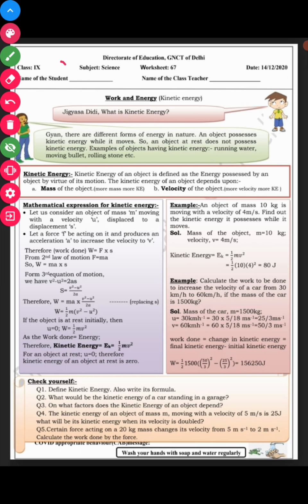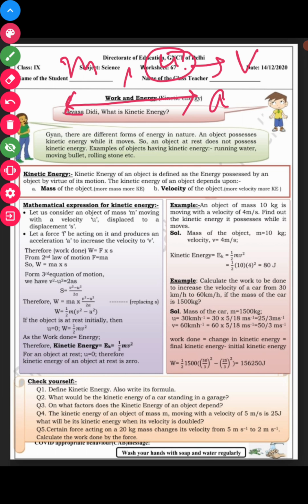Let us consider an object having mass m, and when we apply a force, it has initial velocity u. Whenever we apply a force, it moves and covers some distance, that is included in its displacement, and that force changes its velocity from u to v, because due to the force it got some acceleration.